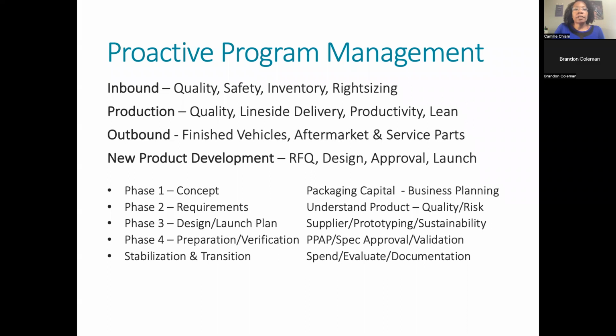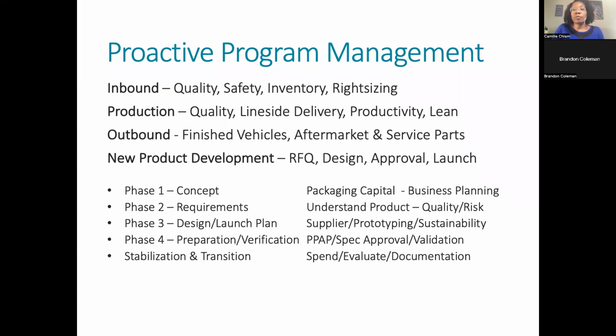Next, another area is in production. Packaging comes into play when you look at production processes as it relates to quality, as I mentioned before. The line side delivery ties into things like safety and ergonomics, but it also ties into the line speed, because if they're able to pull the part out of the pack quickly without causing issues, it helps them keep on that takt time, which is generally about a minute for most automotive facilities.